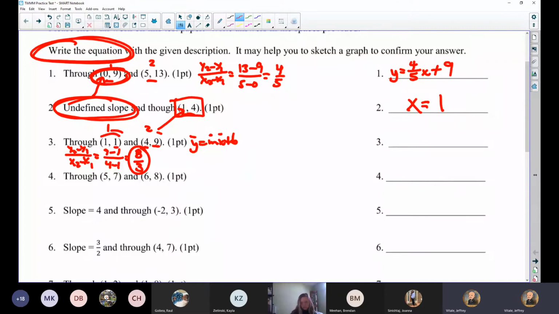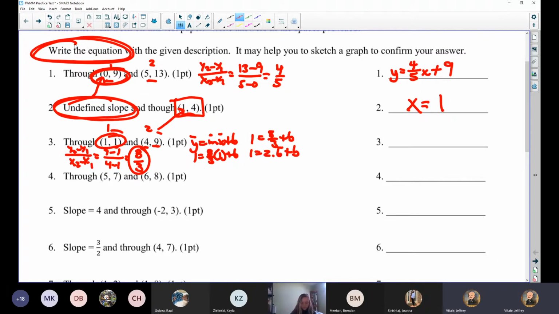So let's use 1,1 just because the numbers are smaller. So 1 goes in here, 8/3 goes in here, times 1 plus b. So this becomes 1 times 8/3, which is just 8/3. To make things easier, let's take 8/3 and make it a decimal. So 8 divided by 3 is 2.6 repeating.